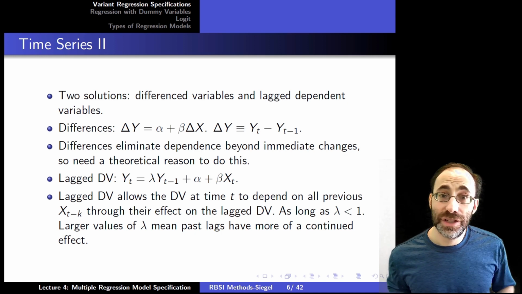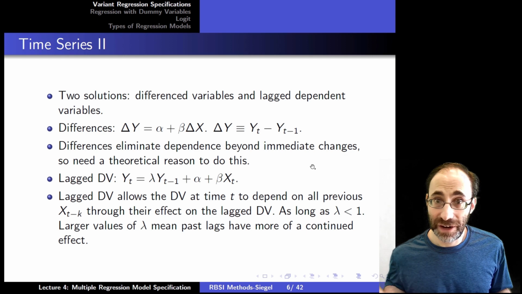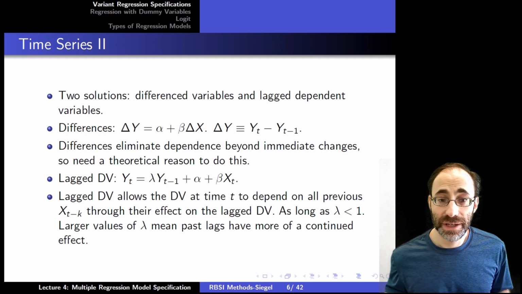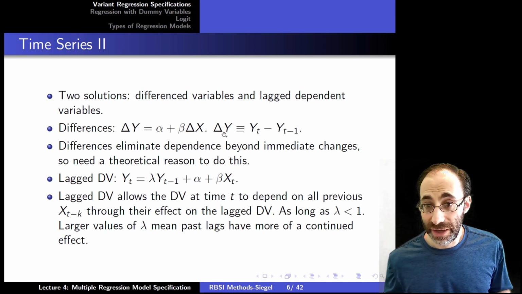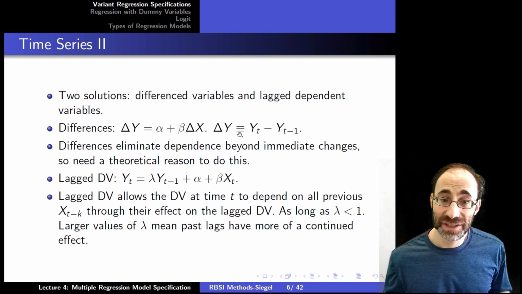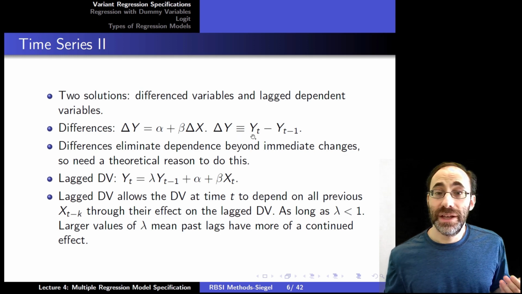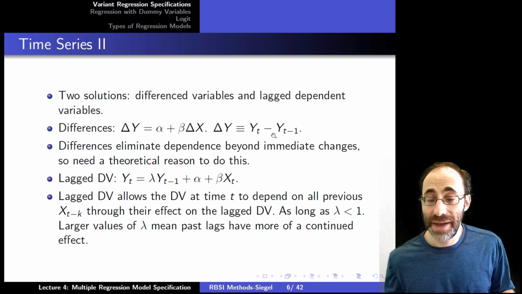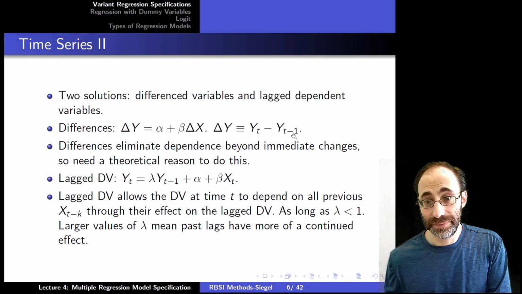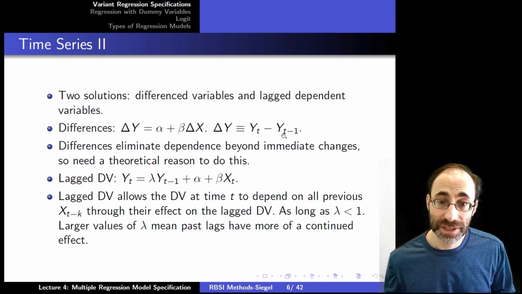To difference your variables, you transform your y's and your x's, your dependent and independent variables, to differences. Here, this capital delta usually means change in most applications, and says the change in y is defined as, this three-lined equals sign means defined as, y sub t, so the y at time t, minus the y at the previous time step. This is a first difference.